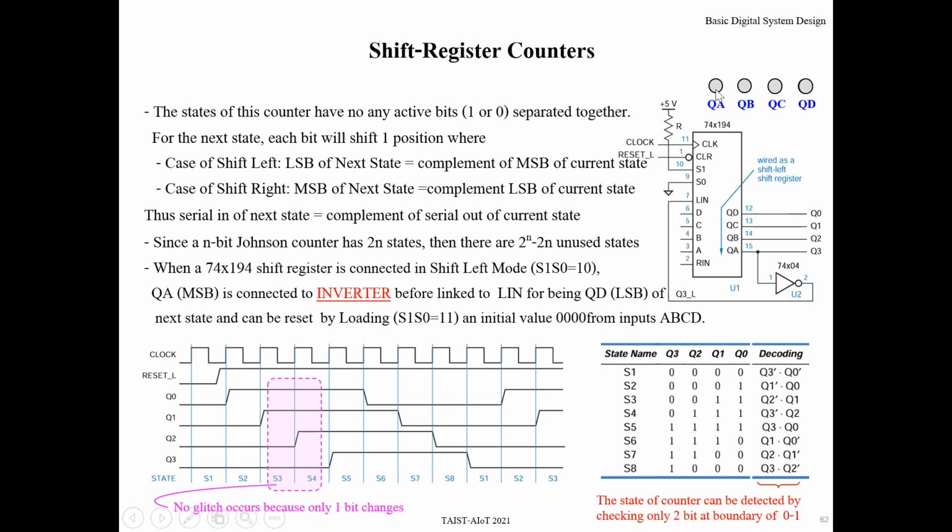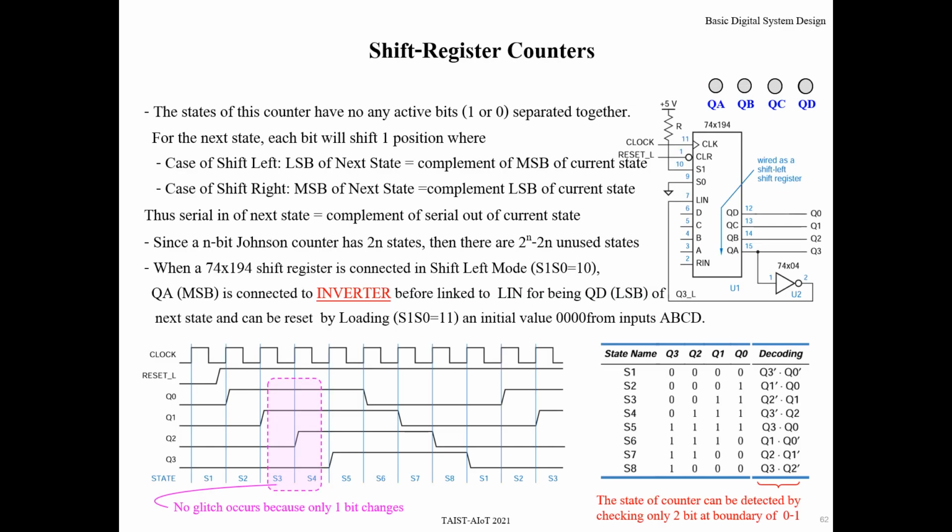The initial state may be 0, 0, 0, 0. When the clock ticks, 0, 0, 0, 1; when the clock ticks, 0, 0, 1, 1; when the clock ticks, 0, 1, 1, 1. For each clock tick, one more bit will be turned on, and when it's full at 1, 1, 1, 1 and the clock ticks again, we turn off one bit for each clock tick.